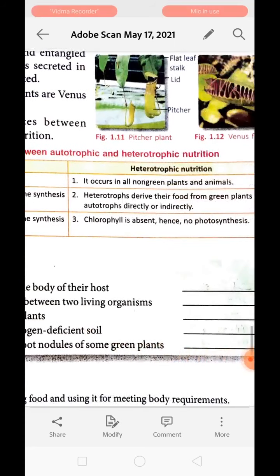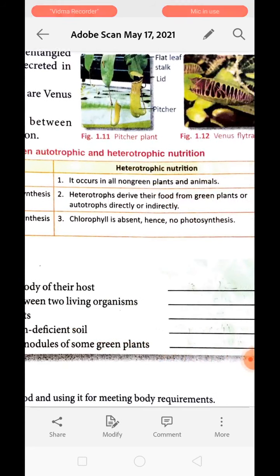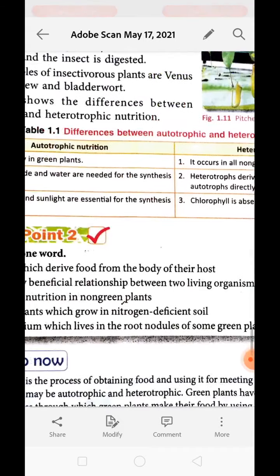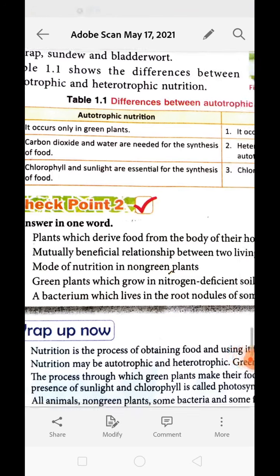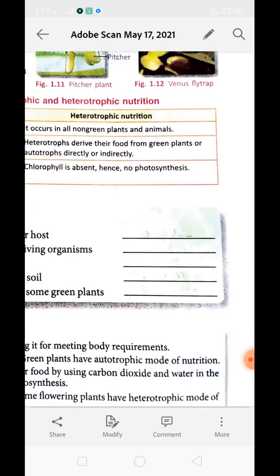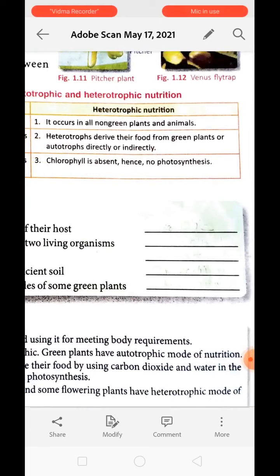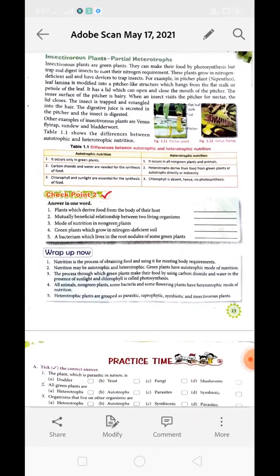And heterotrophs derive their food from green plants or autotrophs directly or indirectly. Next, chlorophyll and sunlight are essential for photosynthesis or synthesis of food, whereas in heterotrophs chlorophyll is absent, hence no photosynthesis occurs. This is all about the differences between autotroph and heterotroph.